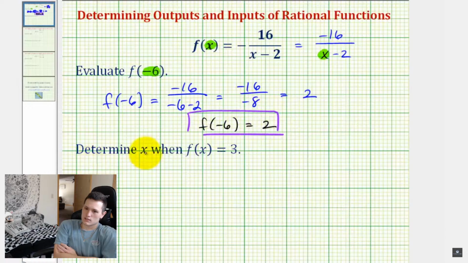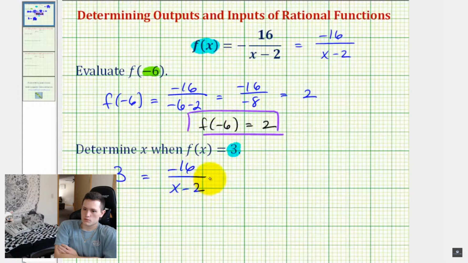Next, we have to determine x, the input, when f of x, the output, is positive 3. Which means now we'll substitute 3 for f of x and solve for x. So we want to solve the equation 3 equals negative 16 divided by the 3 quantity minus x 2. We could write this 3 as 3 over 1 and then cross multiply to solve for x, or we could multiply both sides of the equation by the least common denominator, which would be x minus 2. Let's go ahead and do that. Either way, the result is going to be the same.